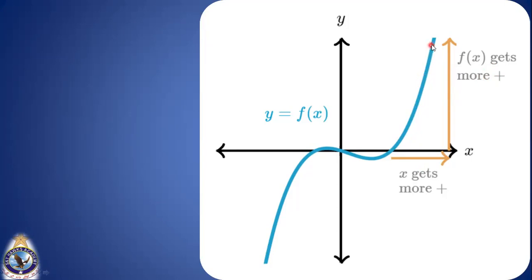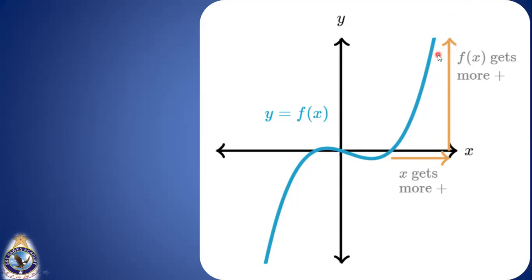Whenever x is increasing, for every increase of x, the graph goes up. You can see it from here, here, anywhere. So at the end it has the trend to tilt to the right, going this way, this way, and up.